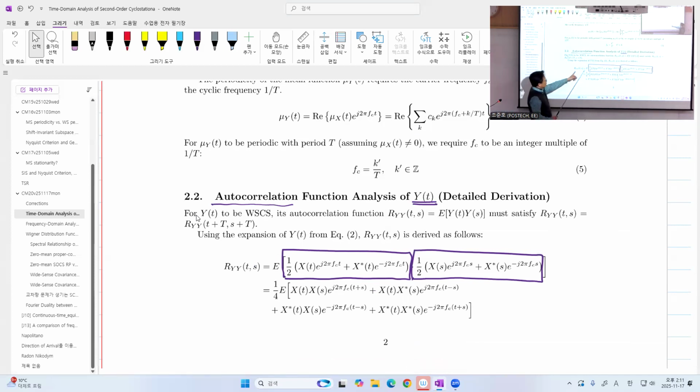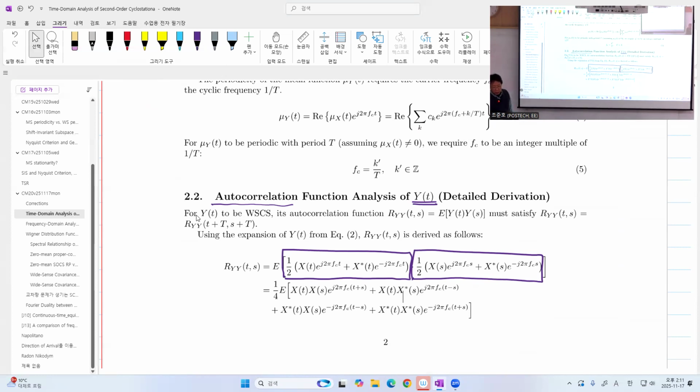Now, y can be rewritten as the autocorrelation function and the complementary autocorrelation function and their complex conjugates. And let's focus not only on the autocorrelation and complementary autocorrelation functions, but also the exponential functions multiplied to the terms.